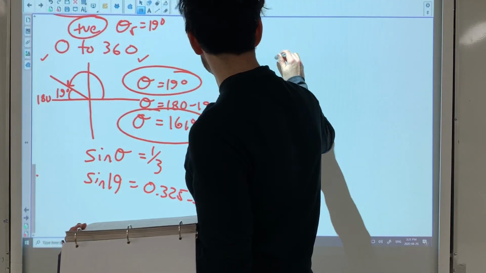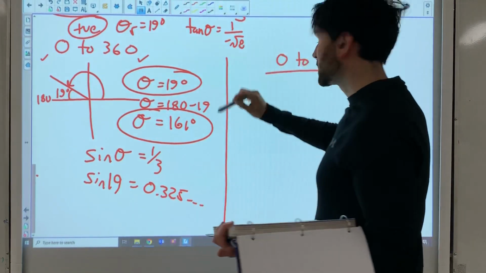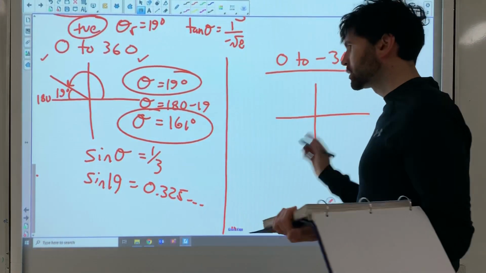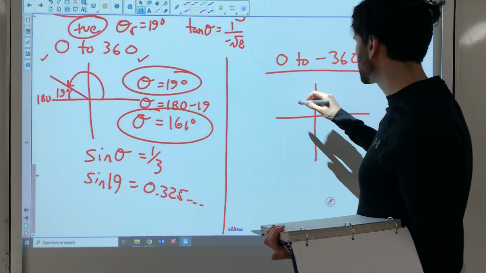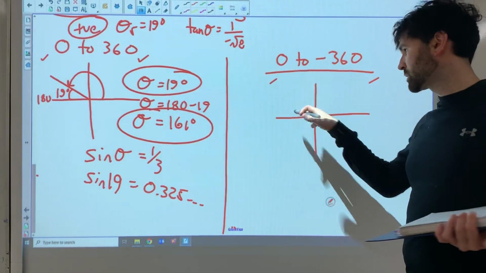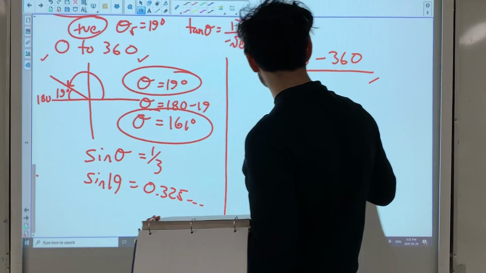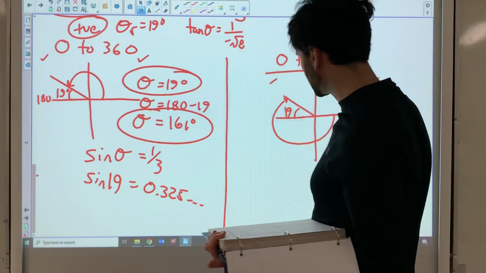How do you do the negative ones? To do the negative ones, that's a little bit trickier. They do like bringing that up in grade 12. Well, the negative ones, you still are looking for places where your sine values are positive. So that would be here and here. When you're doing negative angles, you are rotating this way. So when you sketch this one and you write 19 degrees here, remember, you start here and you have to rotate all that way to get to that terminal arm.